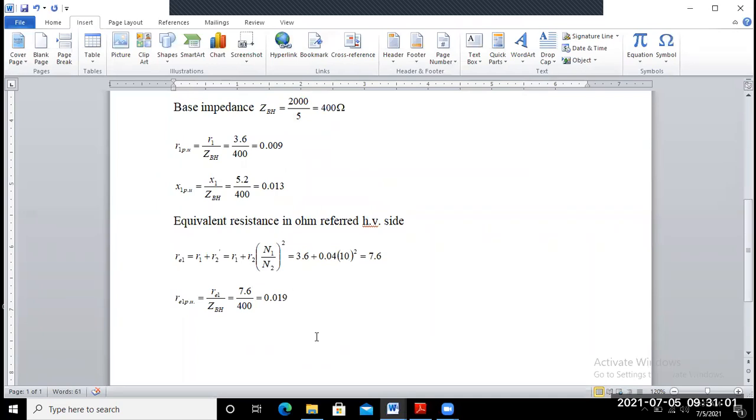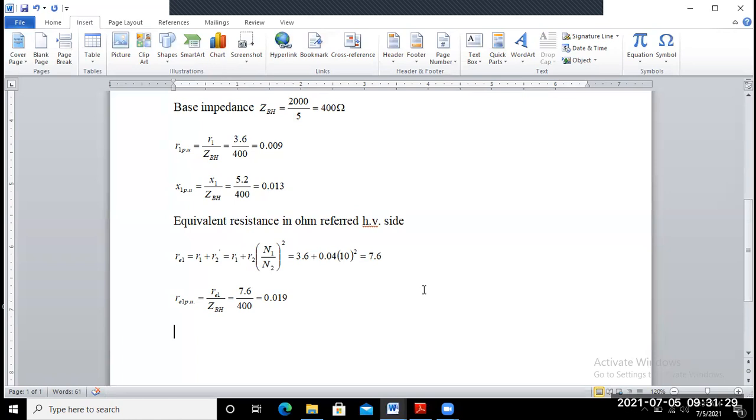Similarly, let's find the equivalent leakage reactance of the high voltage side in per unit. Directly, I just write for the reactance value. That means X1 plus X2 dash, where X2 dash is equal to X2 into (N1 by N2) whole square. So directly we can write the value of Xe1, the equivalent reactance value in per unit.